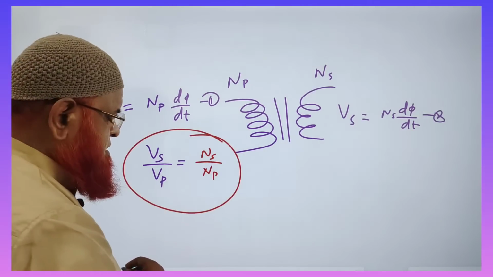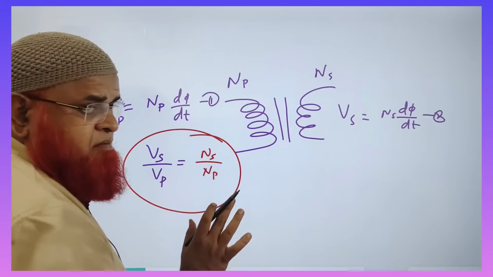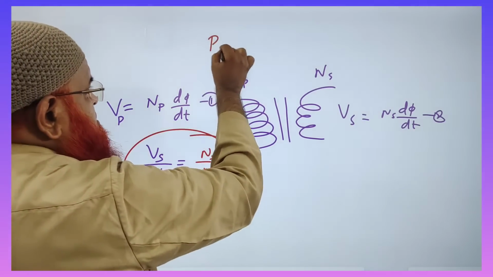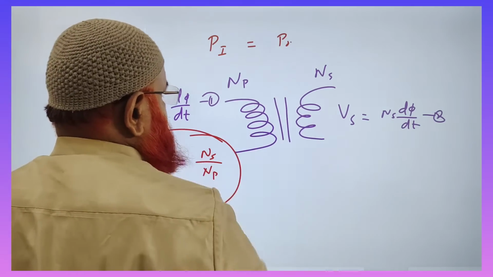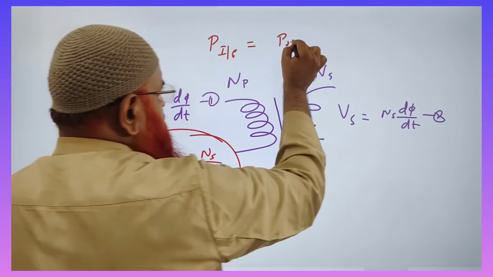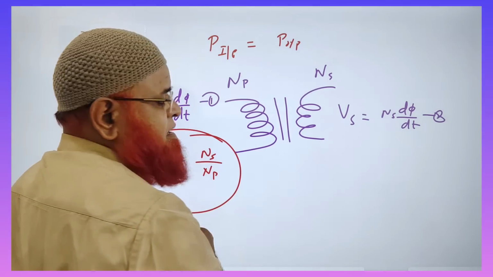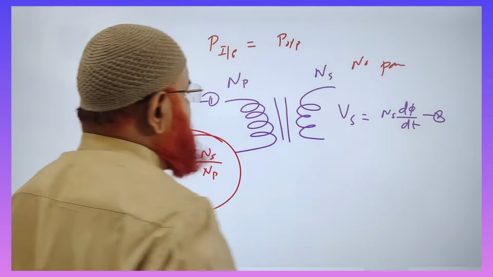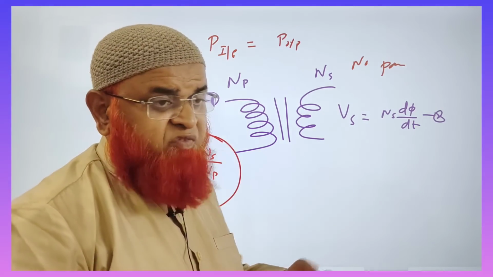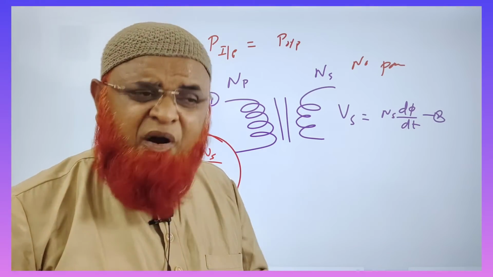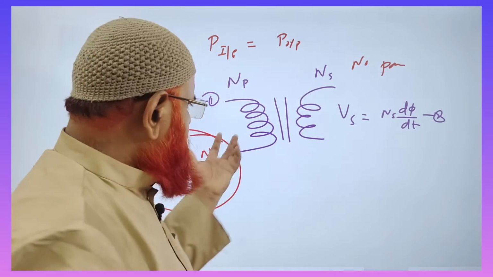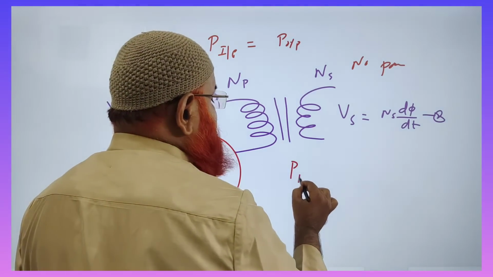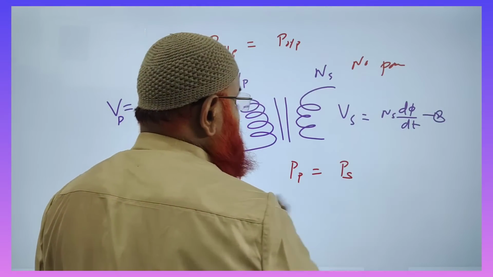Okay? What is left now? Now see, power input is equal to power output. What does it mean here? If there is no power loss, if the transformer is ideal, there won't be any power loss. Whatever you put in at the input, it produces at the output. So power at the primary is equal to power at the secondary.